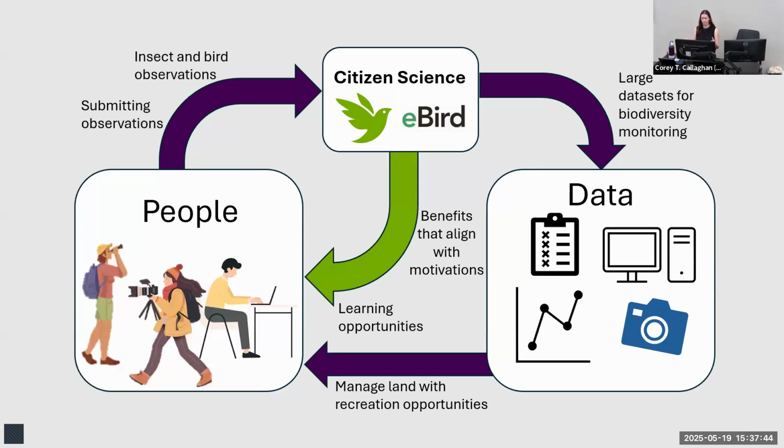And since I show that this data can be used to help manage lands that provide people with recreational opportunities, we're seeing that linkage back to people. This whole cycle of people using parks and people documenting data is all connected, even though my chapters standing alone definitely seem a little bit random, I guess.